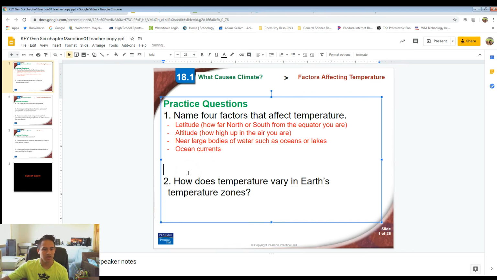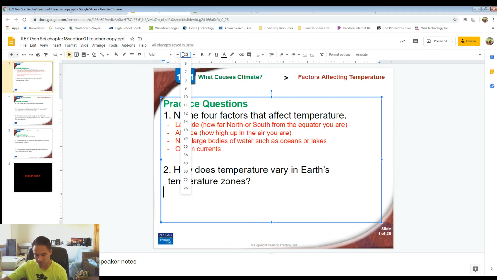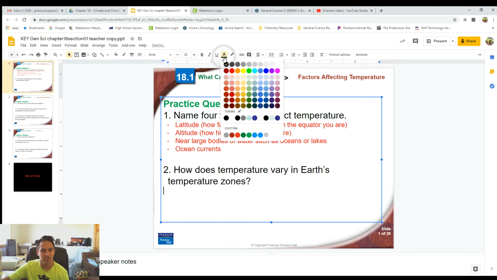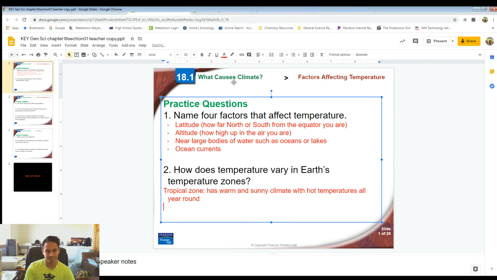All right, number 2, how does temperature vary in Earth's temperature zones? So there were 3 temperature zones. Okay, we had the tropical zone, the temperate zone, and the polar zone. So how does temperature vary in each one of those? So the tropical zone has warm and sunny climate with hot temperatures all year round.